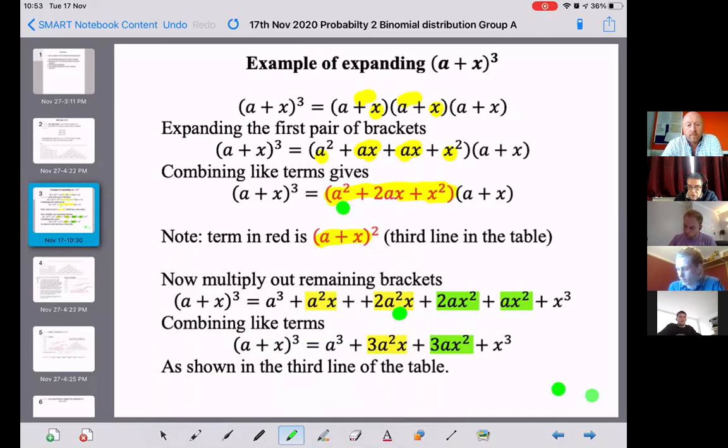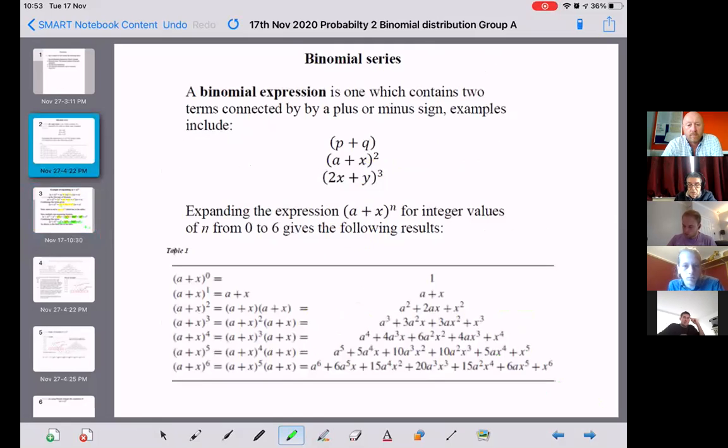And then the yellow and the green like terms can be brought together into a final expression, and the bottom here of a plus x all to the power of 3 is a cubed plus 3a squared x plus 3ax squared plus x cubed. All right, and this table down the bottom here is done up to a plus x all to the power of 6.